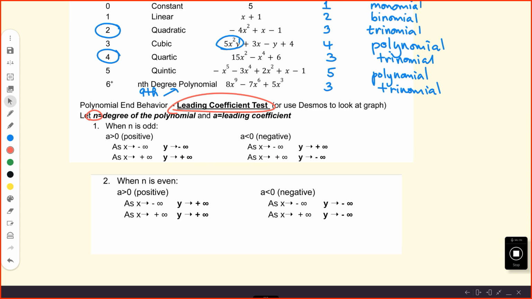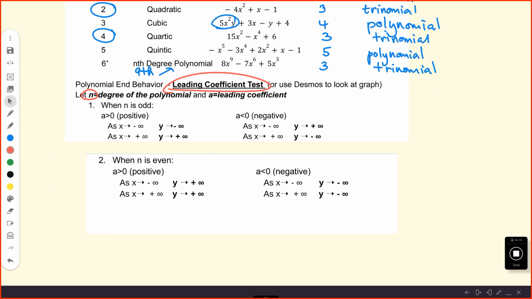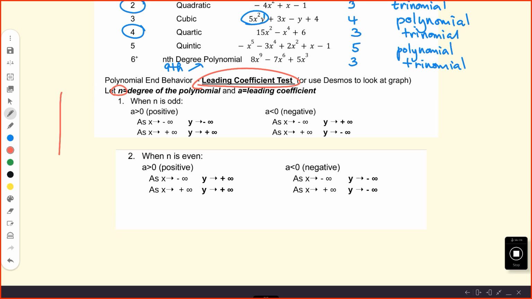We'll also use the degree, the n of the polynomial. So when n is odd, meaning the degree is odd, and a is greater than 0, what will be the end behavior of the graph? We're only concerned about what happens at the end part of the graph, right? We know that the polynomial can curve many times, but we're not concerned with the middle. We're concerned about the end.